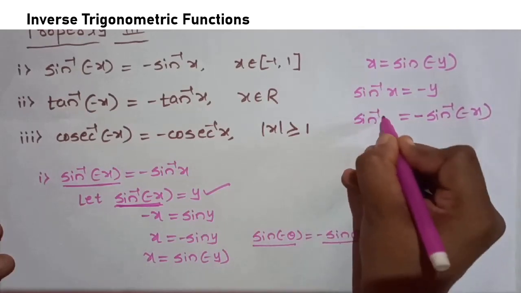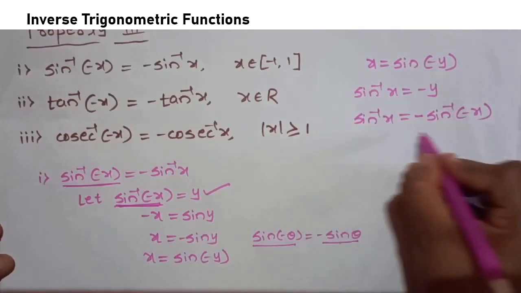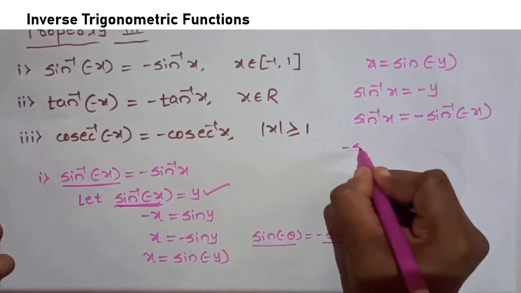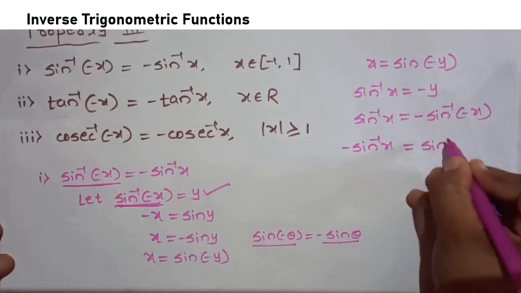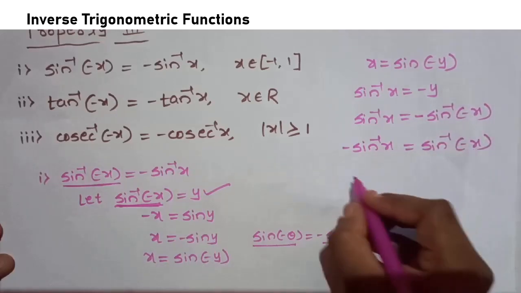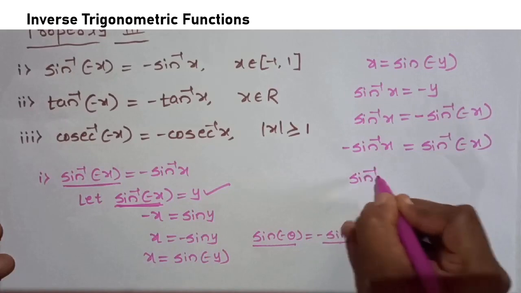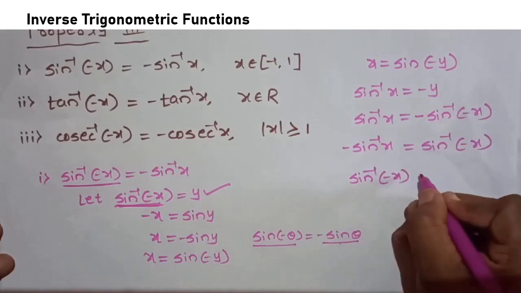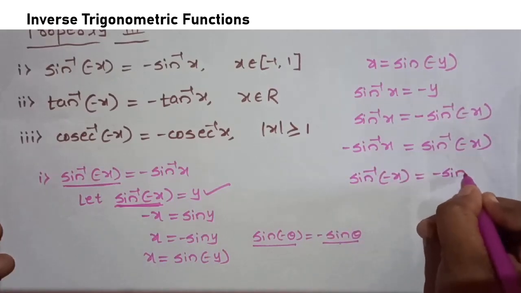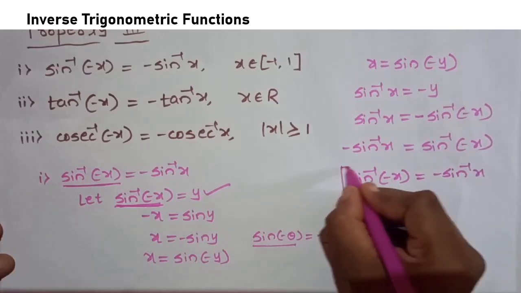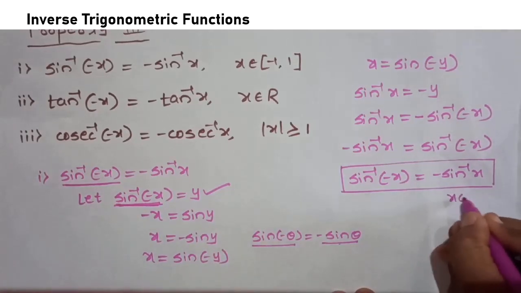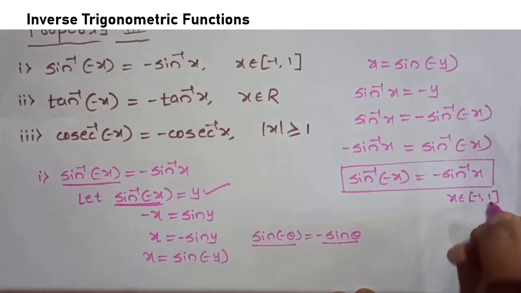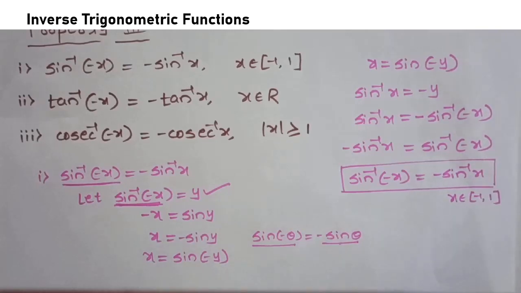Multiplying both sides by a negative sign, we get minus sine inverse x is equal to sine inverse of minus x. Therefore we have proved the property: sine inverse of minus x is always equal to minus sine inverse x, with the condition that x belongs to the closed interval minus 1 to plus 1.